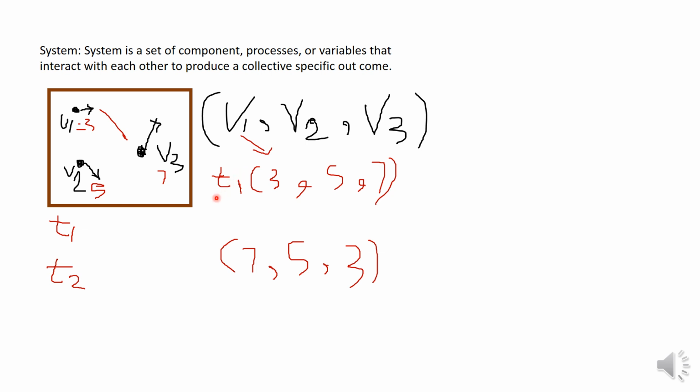At time t1, the situation of the system was velocity 1 is 3, velocity 2 is 5, velocity 3 is 7. After a certain time, at time t2, the condition of the system was velocity v1 is 7, velocity v2 is 5, velocity v3 is 3.